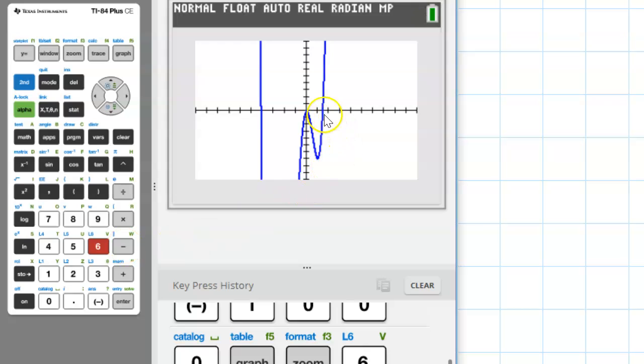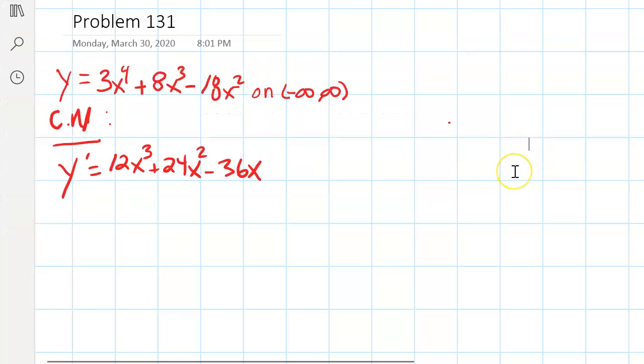All right, so I've got a local maximum, a local minimum, and an absolute minimum way down here. Over the entire real numbers, we're going to have a local max, a local min, and an absolute minimum somewhere maybe around negative 2, 2.5. I'm not quite sure.